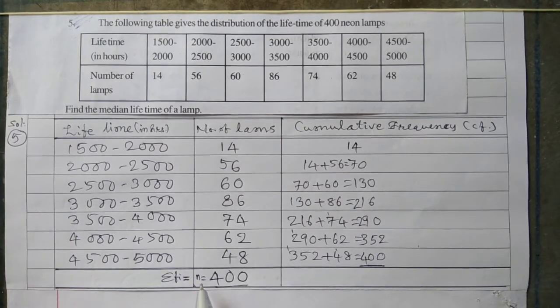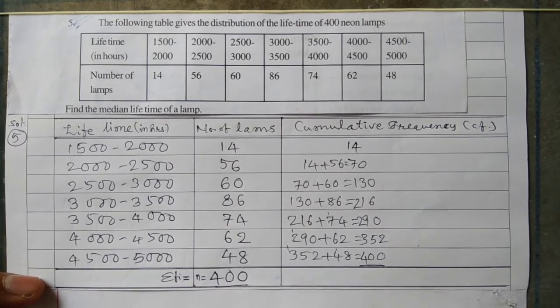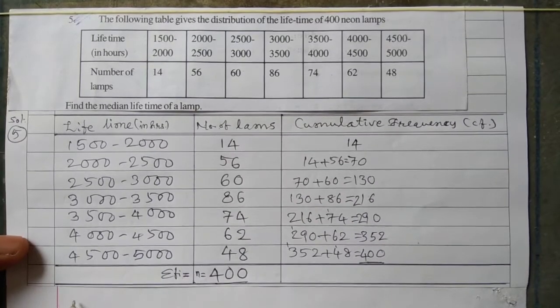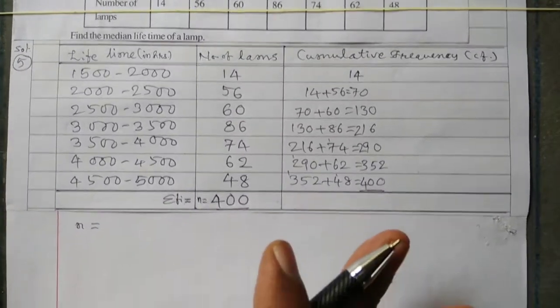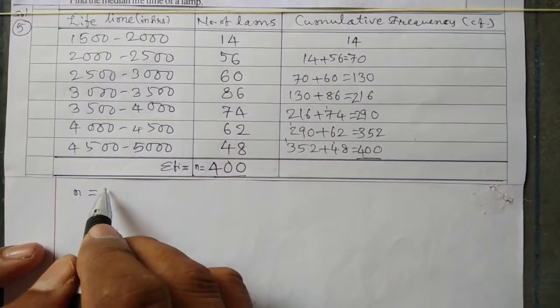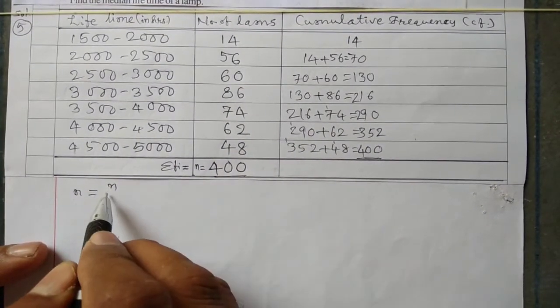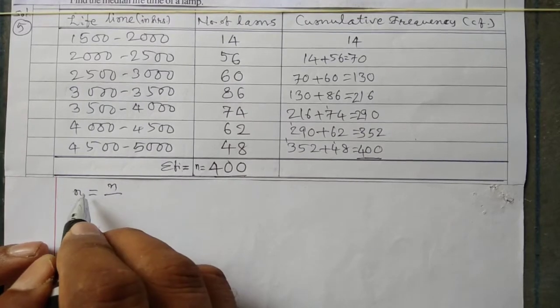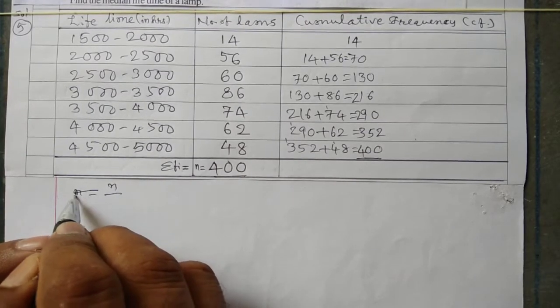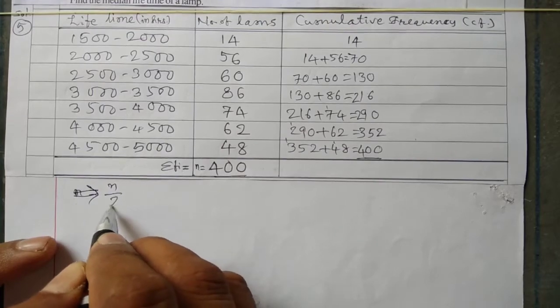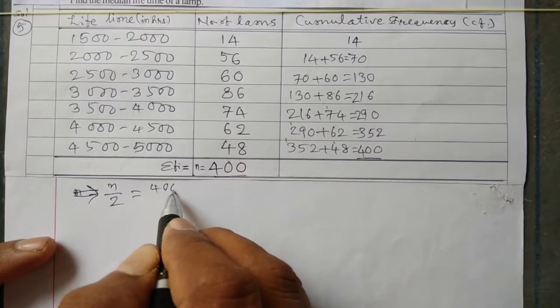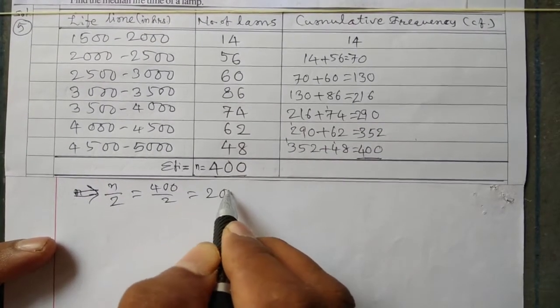The sum of frequencies, sigma fi, that is n, is equal to 400. Then n by 2 is equal to 400 by 2, which is 200.